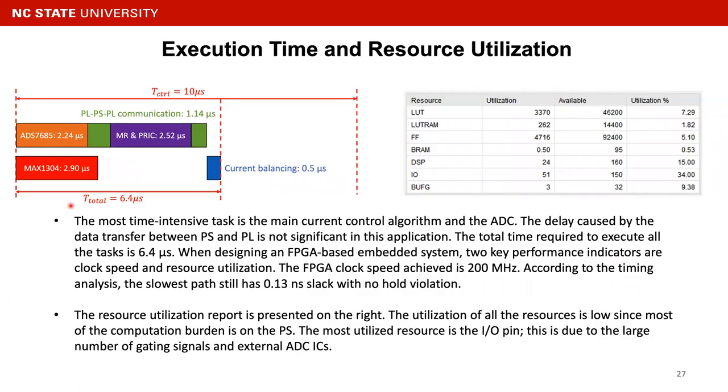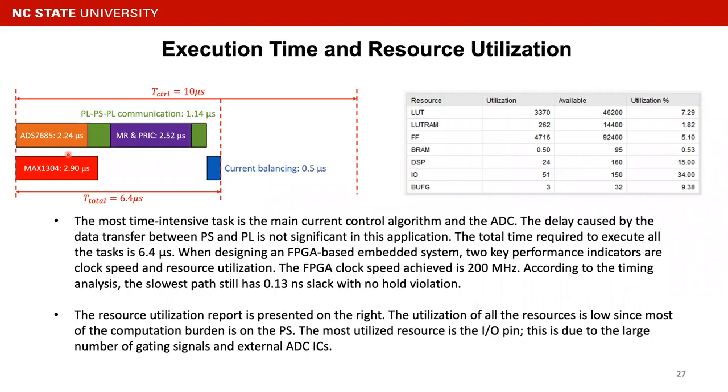And the most time intensive tasks are the main control loop and the ADC process. The delay caused by the data transfer between the PS and PL is not very significant. The PL to PS and the PS to PL communication is 1.14 microseconds in total.